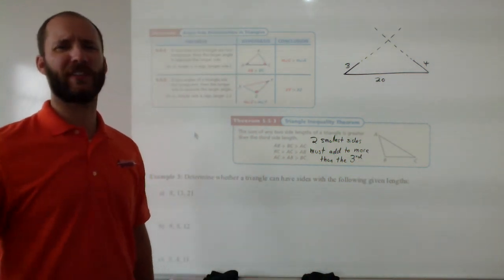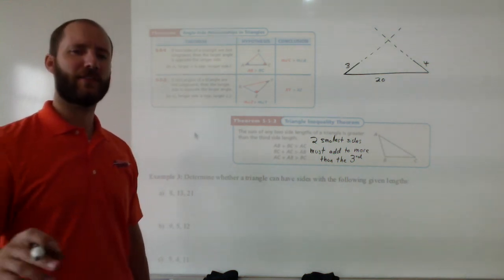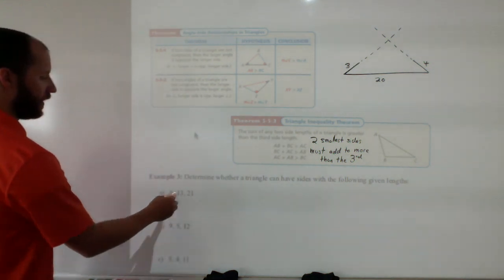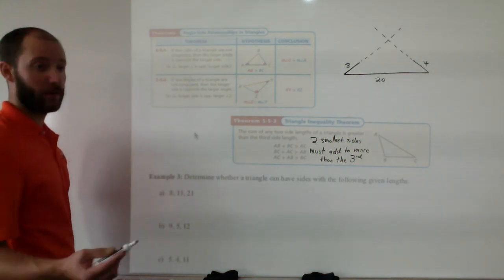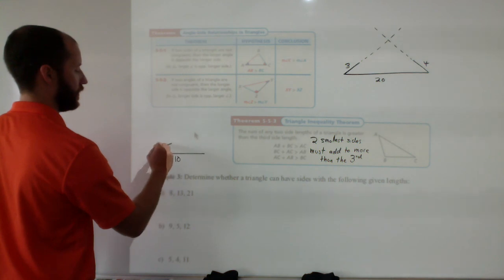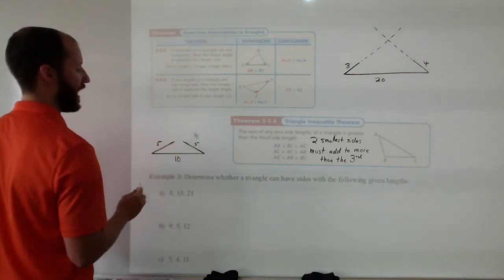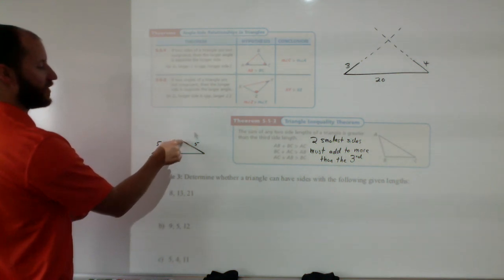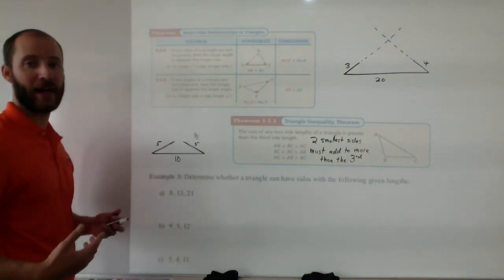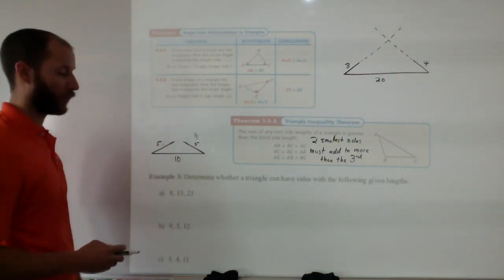Because, of course, the largest side plus another side is going to be more than the remaining. So you just have to focus on the 2 smallest. And they have to be more, because if you have a side that's 10, then a side that's 5, and a side that's 5, the only way these are going to reach each other is if they lie flat down on that 10. So one of them has to be just a little bit bigger, okay?